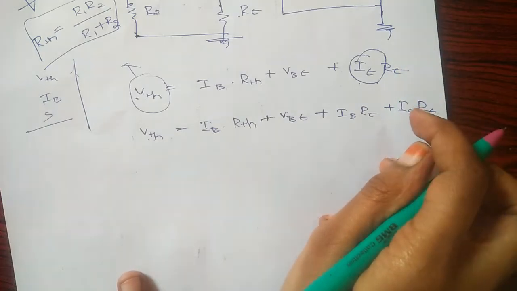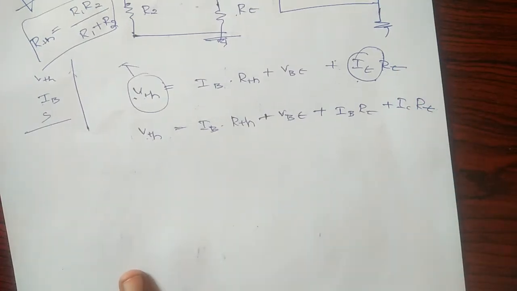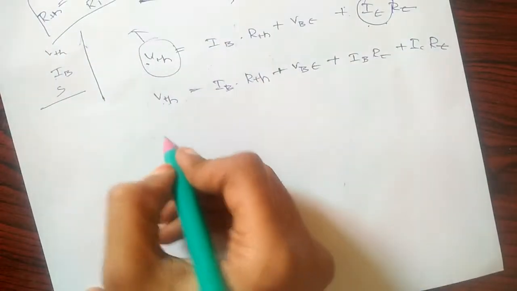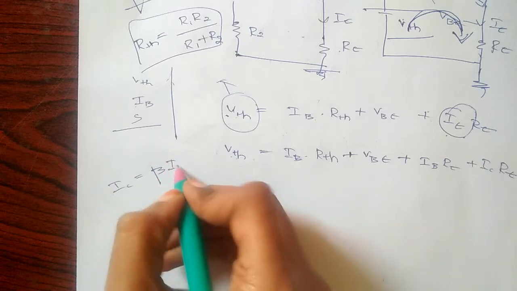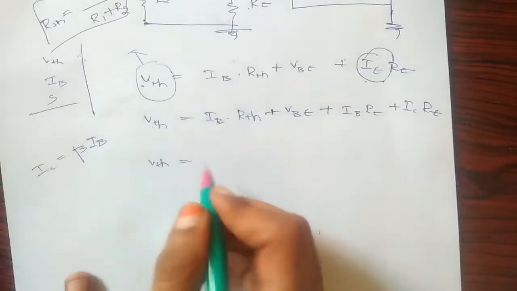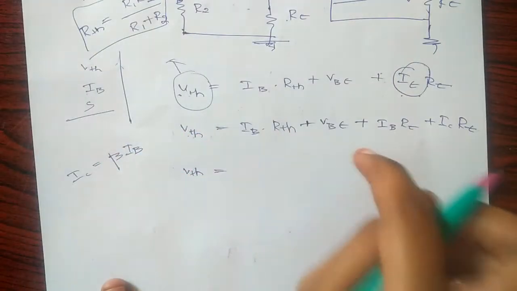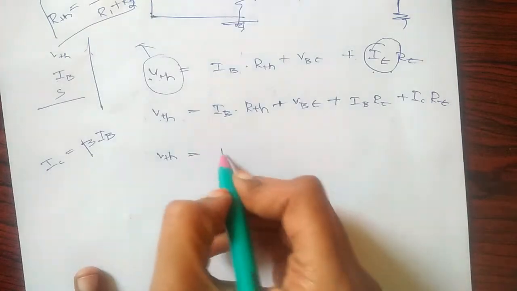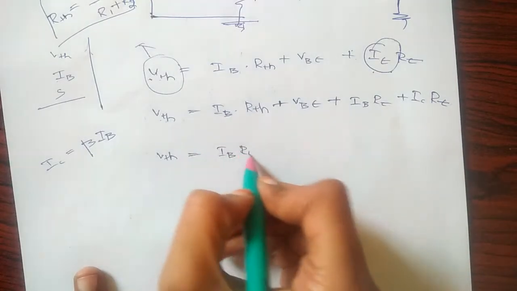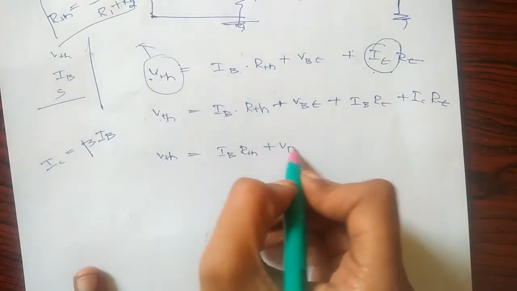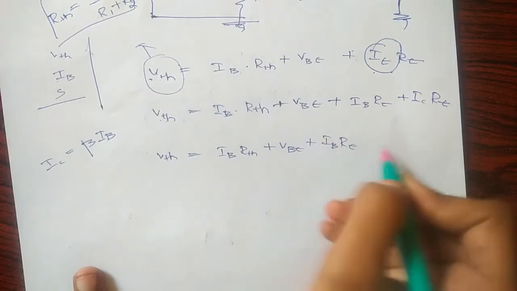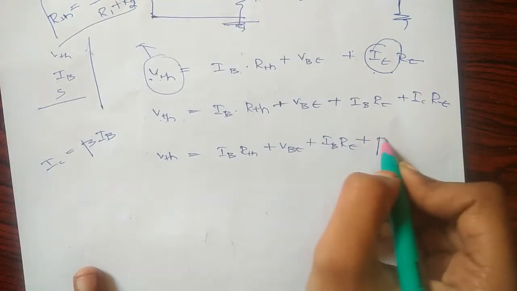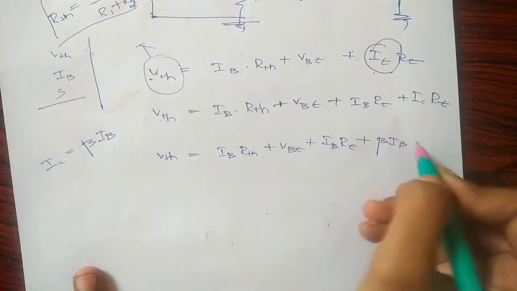Then we can convert and write in terms of IB. If you write it, then we get VTH is equal to IB RTH plus VBE plus IB RE plus beta IB RE.